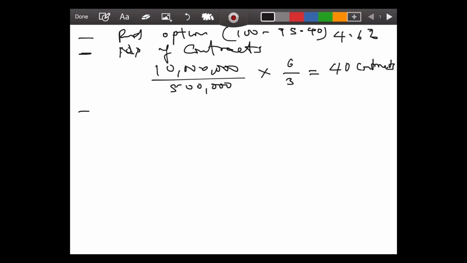Therefore, the hedge amount is a perfect hedge. So the hedge amount remains at 10 million. As it is a perfect hedge, there's no unhedged balance.